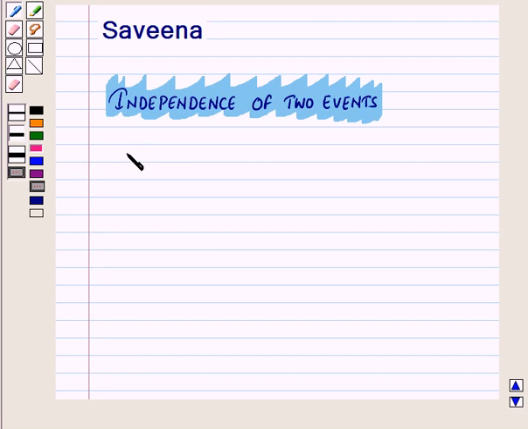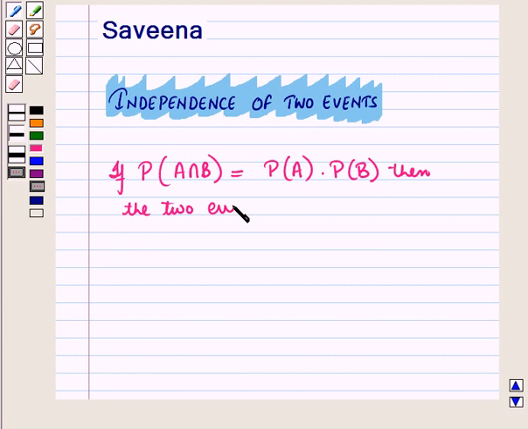In this session, we shall learn if probability P of event A intersection B is equal to probability P of event A into probability P of event B, then the two events are independent, otherwise dependent.